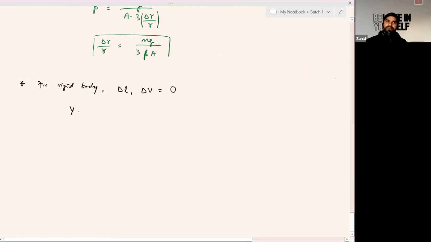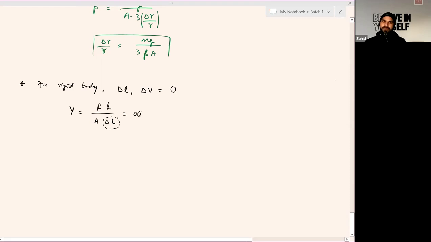And according to the formula, Young's modulus equals F times L divided by A times delta L. So if you put the value of delta L to be 0, you will get a number divided by 0. Any number divided by 0 will be nothing but infinite.